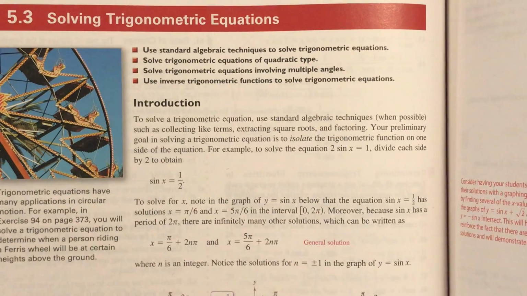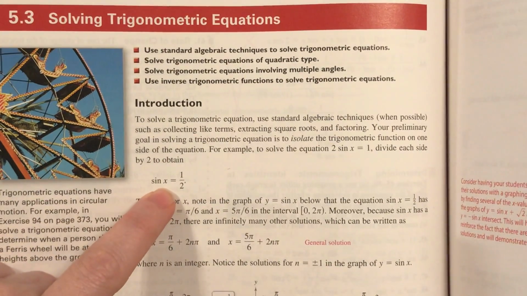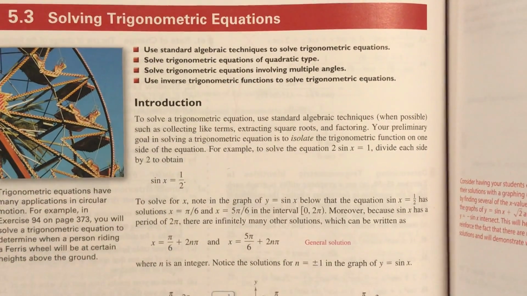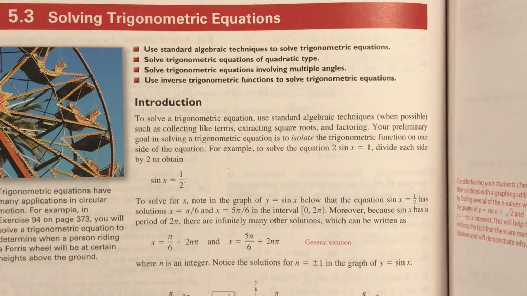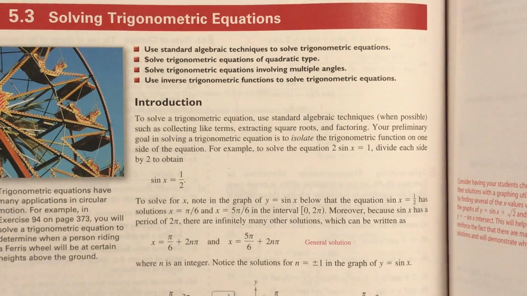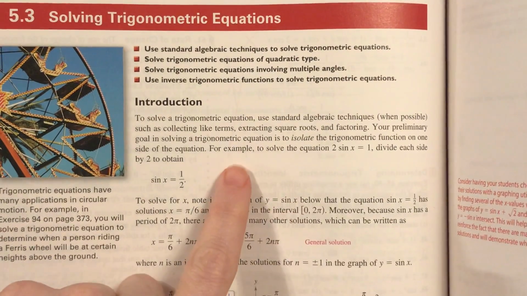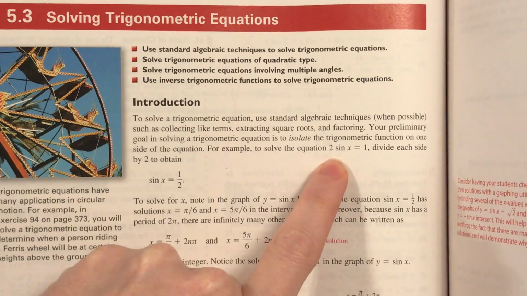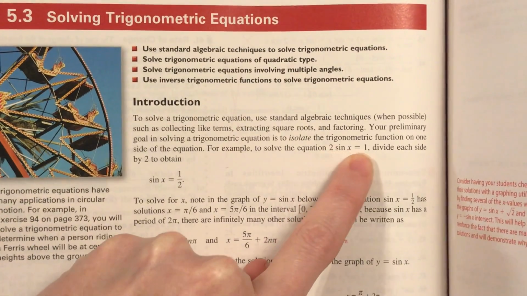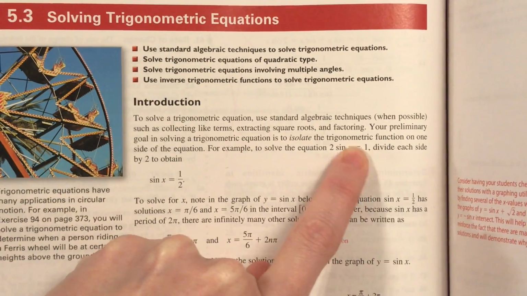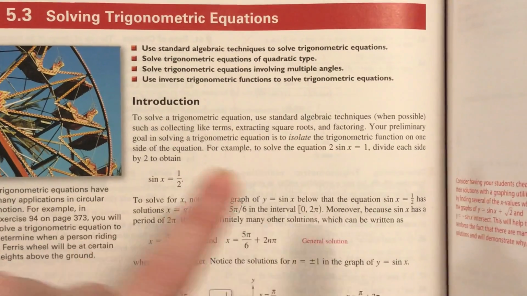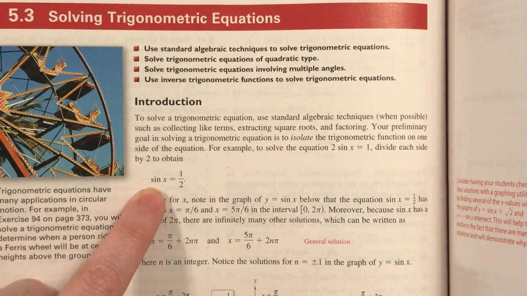Meaning, before you get x all by itself, you want to get sine x all by itself. Once you get to that point in these first parts, you should be able to solve it. So, for example, if this is your equation, 2 sine x equals 1, you would divide each side by 2 to get sine x all by itself.